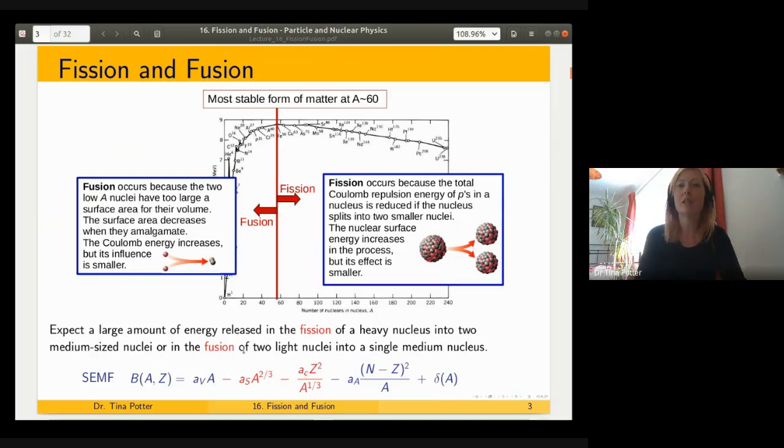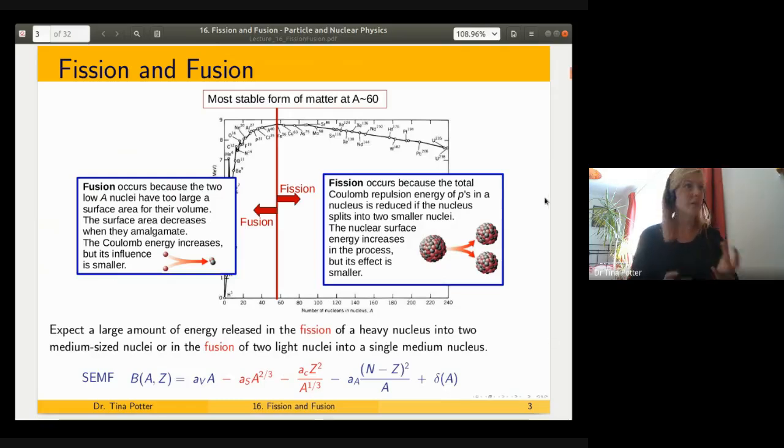So we're going to have a decreased surface term and an increased Coulomb term when we fuse two light nuclei together. But that's okay. What we'll find is that the difference still gives us a larger binding energy per nucleon, i.e. that drop in the surface term is larger than that increase in the Coulomb term.